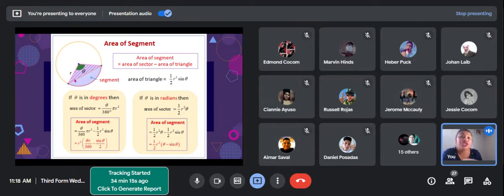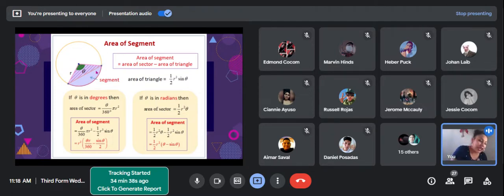A triangle. So a sector is a triangle and a segment together. But when they ask you to find the area of the segment, they don't want the area of the entire thing. They only want this part, the top part that has the chord and the arc.